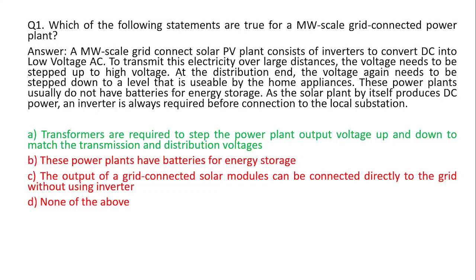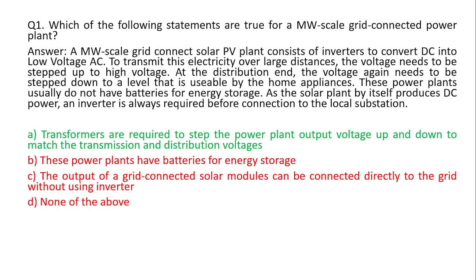This is done to reduce the losses. There is something called I squared R loss, which you'll know about if you have studied electrical engineering. I won't go into the detail. So you step up the voltage, you transmit it, and then in the city or wherever your load is, you step down the voltage again to 440 volts 3-phase, and then it is distributed to the houses. So this is what happens in a megawatt scale grid connected power plant.